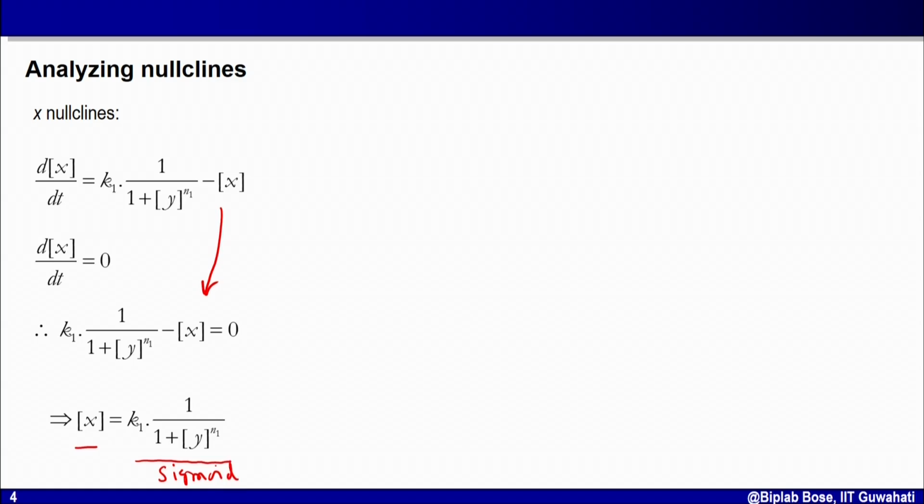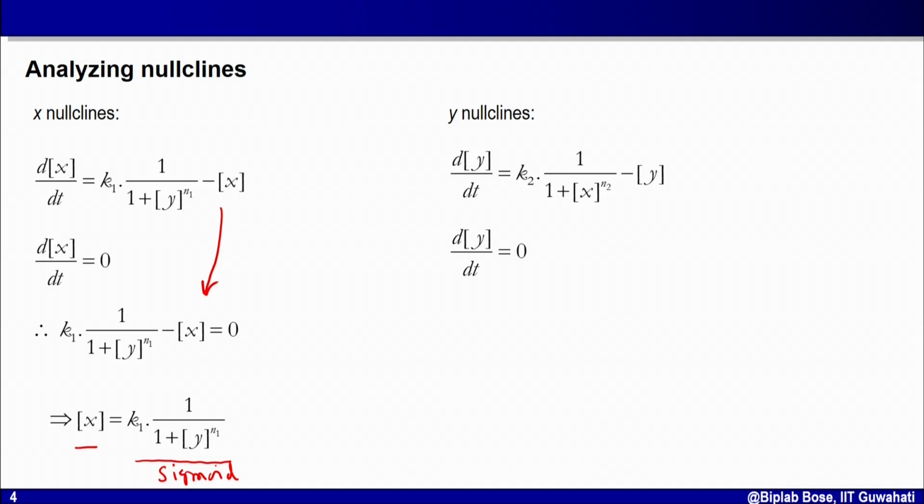Now I will look into the y nullcline. For getting the y nullcline, what do I have to do? I have to take the ODE for y. That's what I have taken here, the second ODE. Then I have to make dy dt equal to 0. That's what I have done. If I have dy dt equal to 0, then these terms will be equal to 0. So k2 into 1 by 1 plus x to the power n2 minus y is equal to 0.